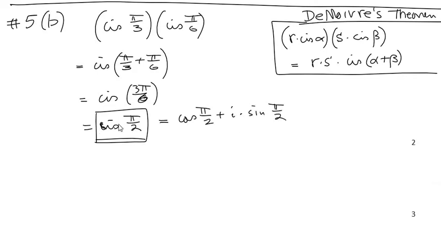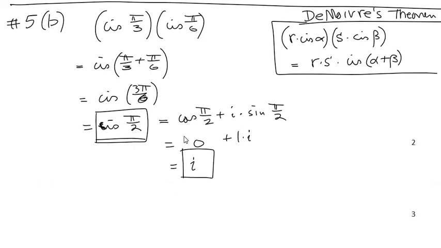Remember, this is really just shorthand for this longer expression here. And the cosine of pi over 2 is 0, and the sine of pi over 2 is 1. So this is 0 plus 1i, or just simply i.